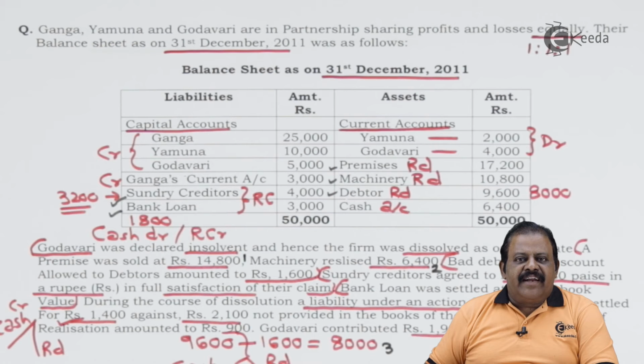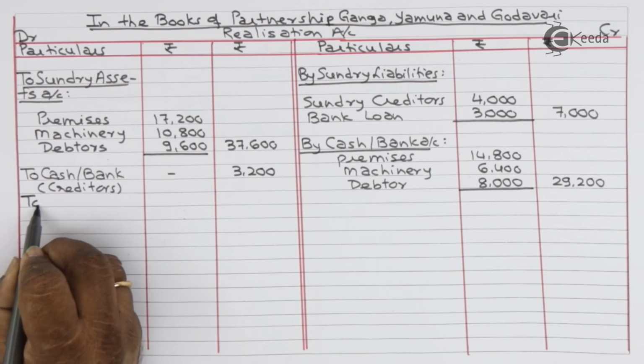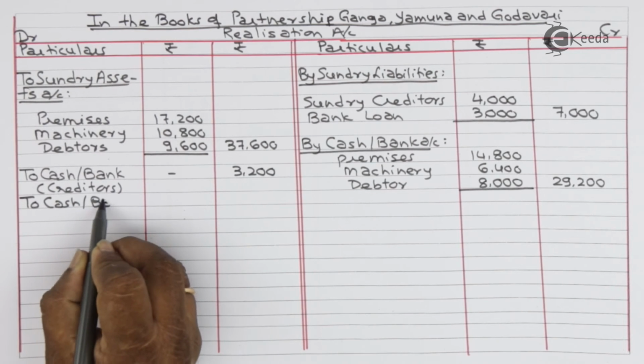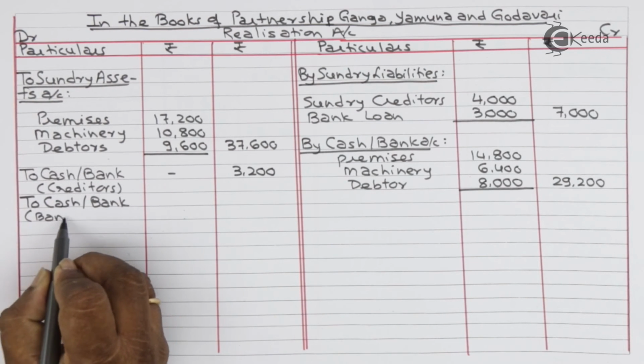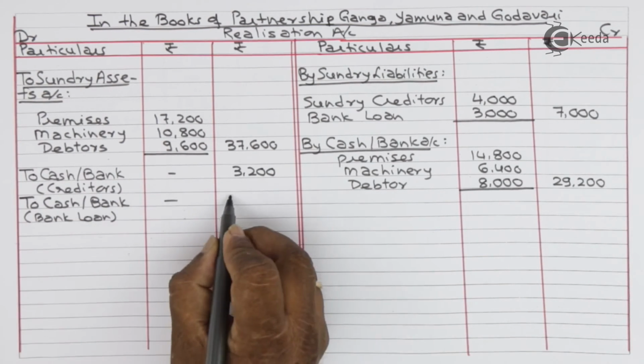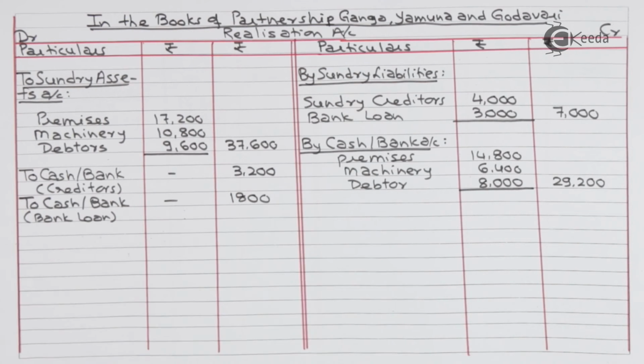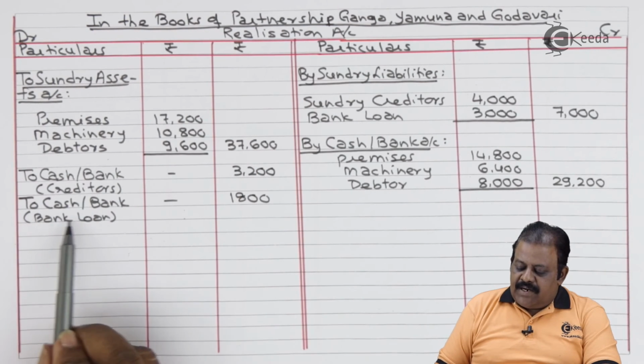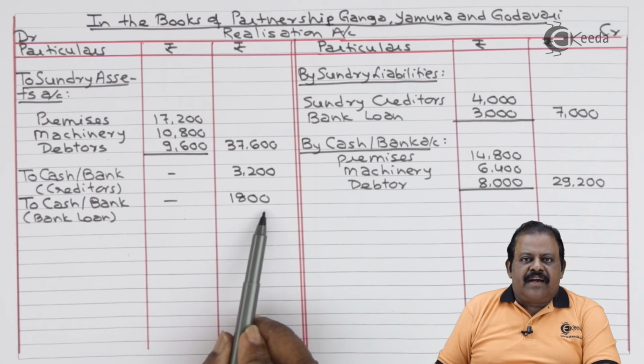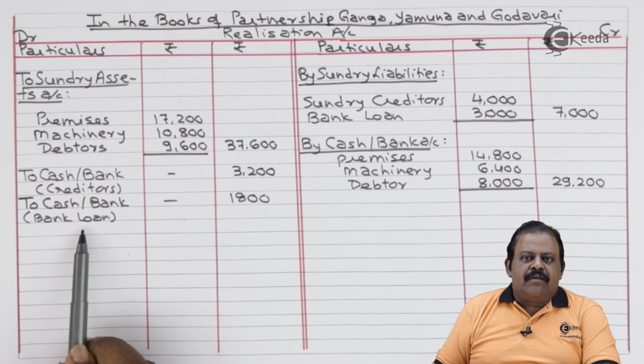Cash account will be credited, realization account will be debited. Realization account debit side to cash bank 1,800 for bank loan settled.